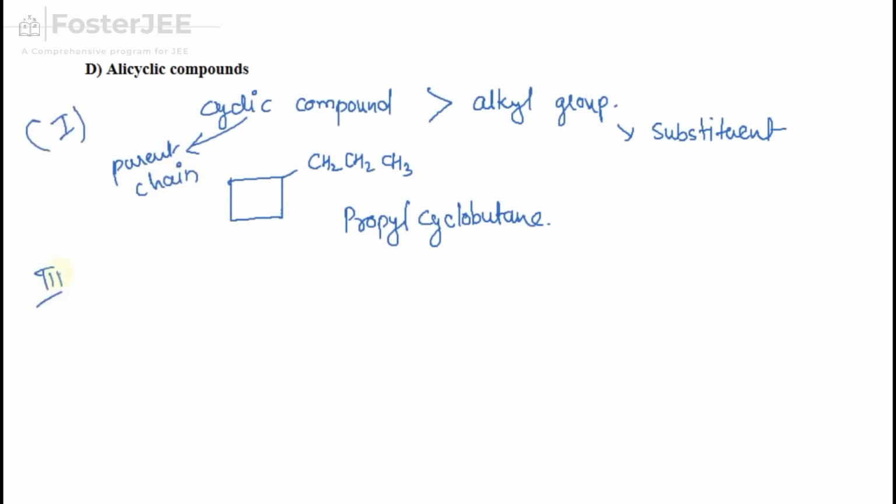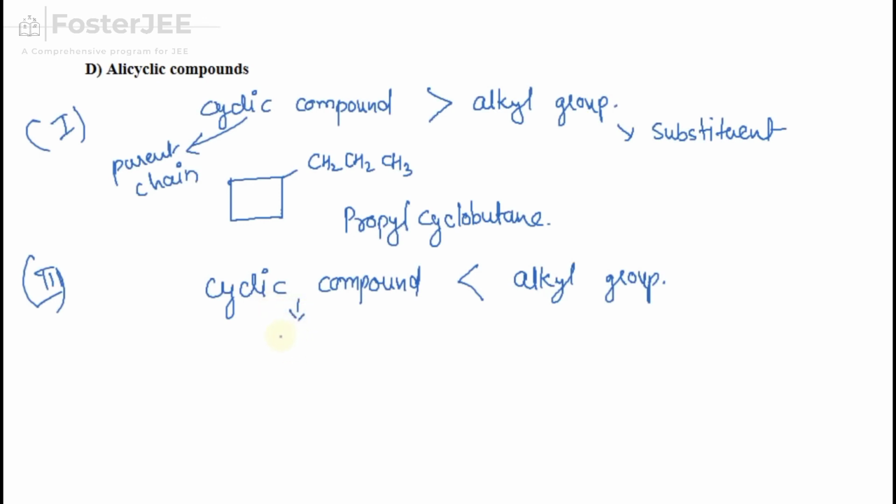Now, the second case. If the cyclic compound contains fewer carbon atoms than the alkyl group, then in this case, the cyclic compound will be considered as the substituent group. For example, here the alkyl group is CH3, CH, CH2, CH3.